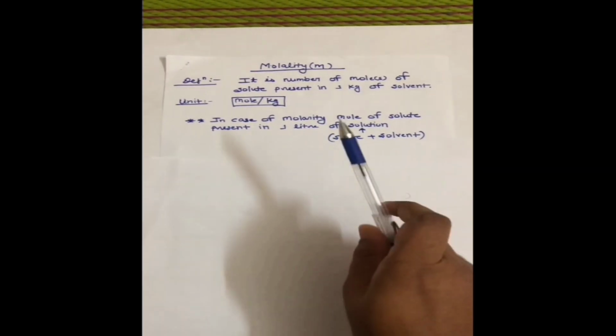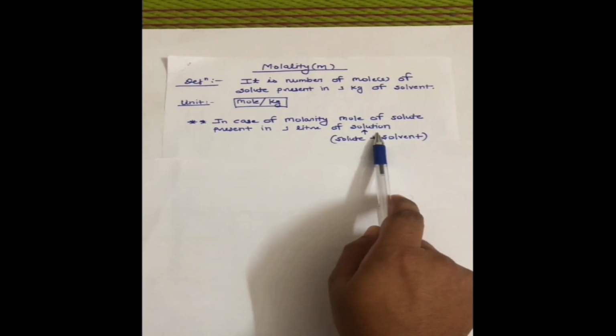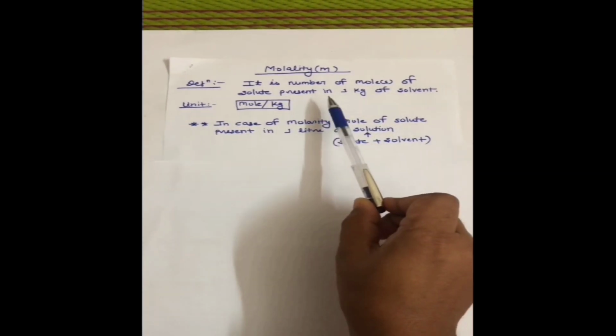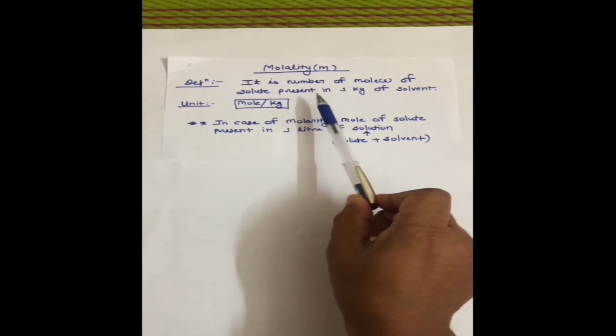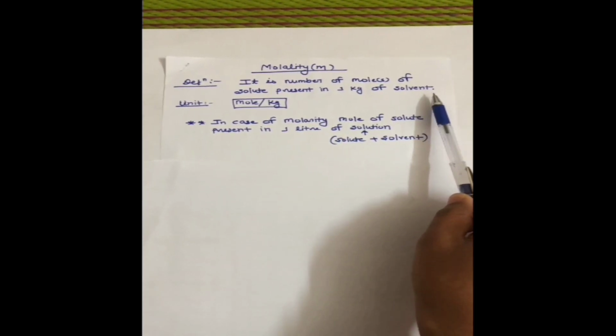Its symbol is small m and its unit is mole per kg. One more thing I would like to share with you: in the case of molarity, moles of solute are present in 1 liter of solution, but here moles of solute are present in 1 kg of solvent.